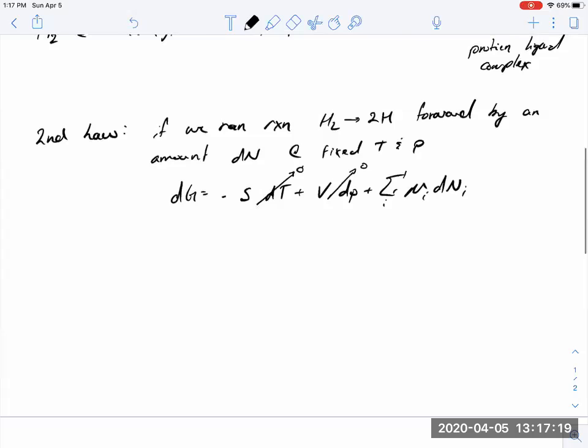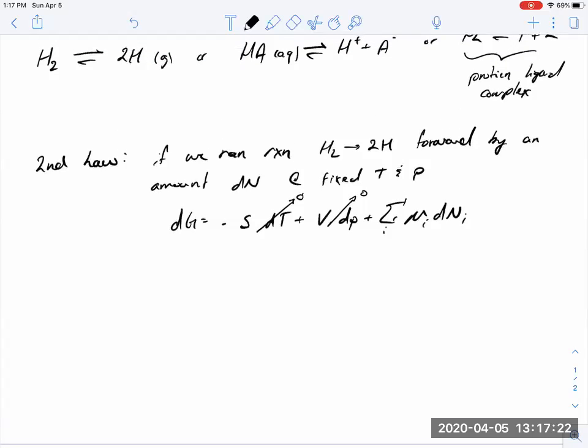And in the case we're considering here, we have 2 kinds of species. We have hydrogen atoms that are bonded together in the form of H2, or hydrogen atoms which are separated, dissociated from that bond. And the stoichiometry is such that if we were to ask how many molecules of H2 change when I run this reaction forward, well, by construction, I'm losing dN numbers of molecules.